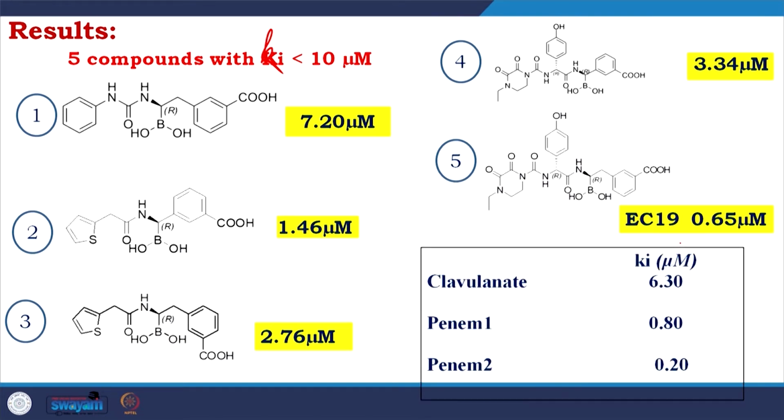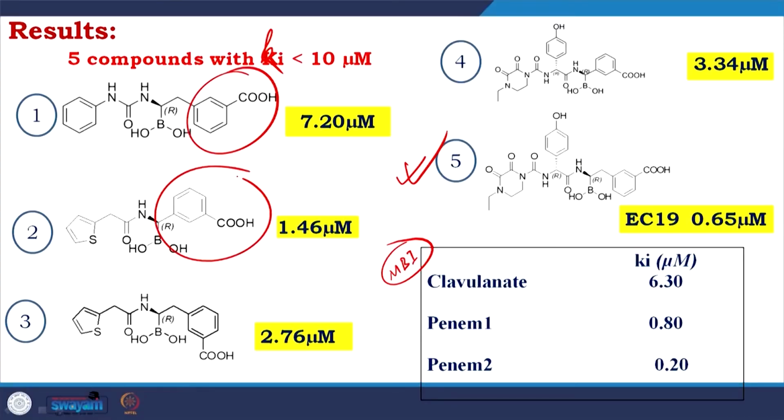And to see what these values mean, I have given some already established compounds. Clavulanate is a very established mechanism based inhibitor. It has the Ki of 6.3. Phenem 1 and 2, again also designed by me, I have done all the designing, have 0.8 and 0.2. So, that shows that this is quite a good compound, at least in terms of the designing followed by the biochemical assay. So, we decide to test the fifth one for in vivo.